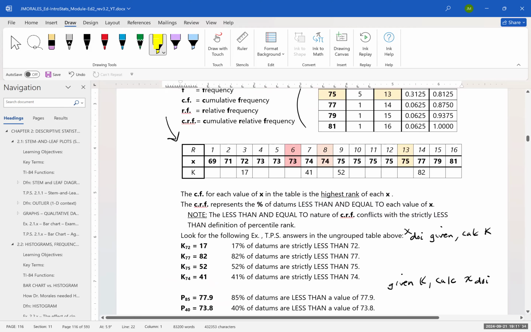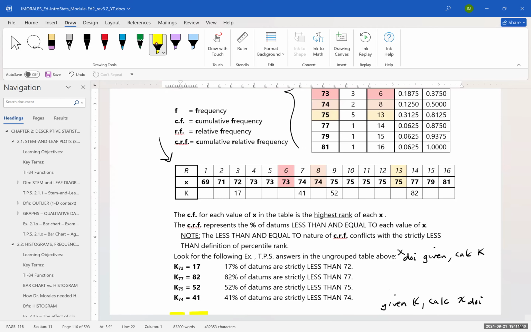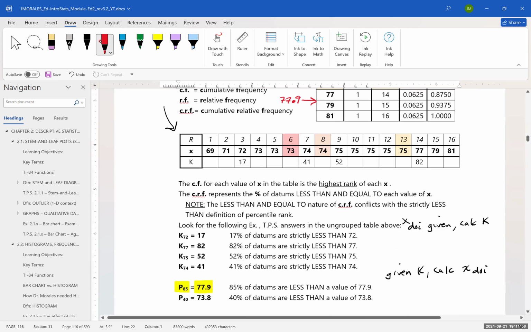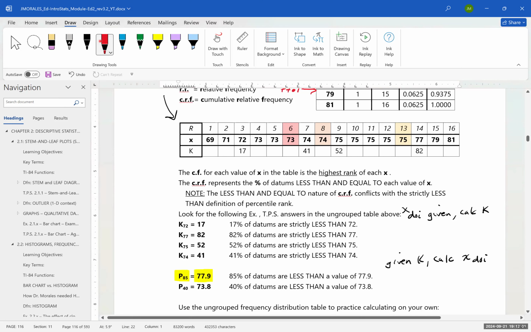So here we calculated the 85th percentile, and we determined that the 85th percentile was 77.9. So 77.9 would be somewhere right about here. Right? And 77.9 has a percentile rank of 85.